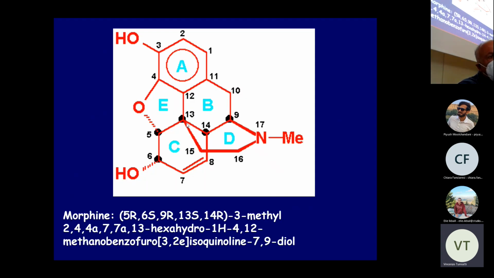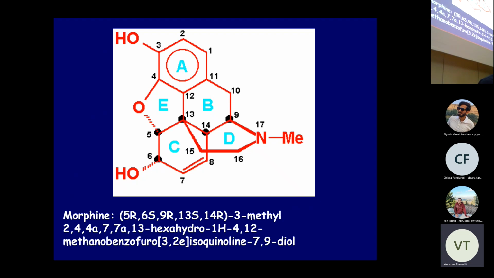What does cis mean? This means that ring C and ring D are on the same plane, and so the fusion is cis. So we have 2 chiral carbon atoms, but we have to consider only 1. So we have only 16 isomers of morphine.